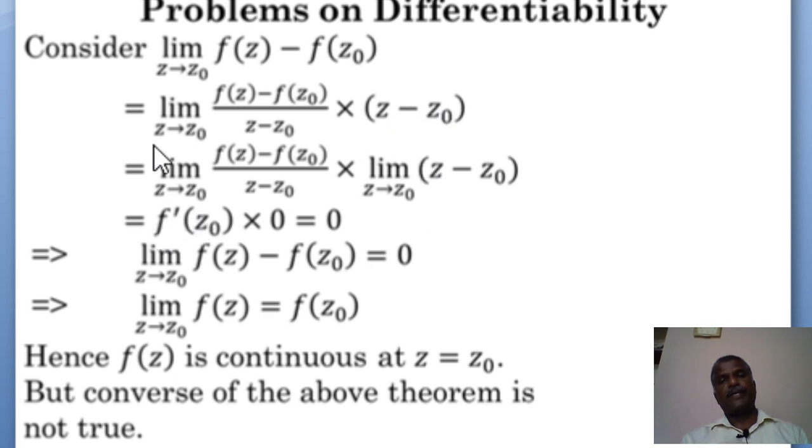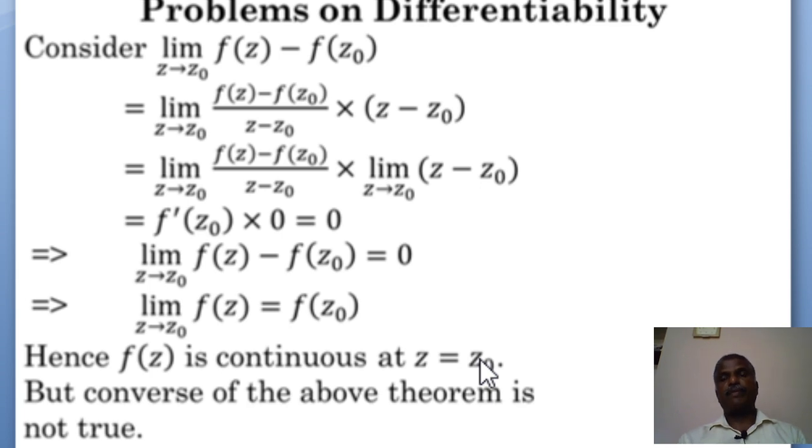So we get the limit of f of z minus f of z naught equal to 0. That implies the limit of f of z as z tends to z naught is equal to f of z naught. Here f of z naught is a constant, so this limit is the same. This is nothing but the definition of continuity. Hence f of z is continuous at z equal to z naught.